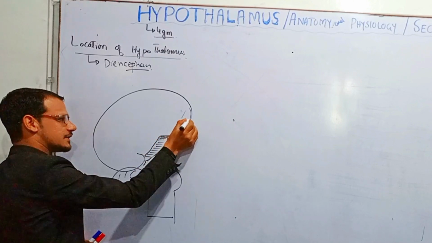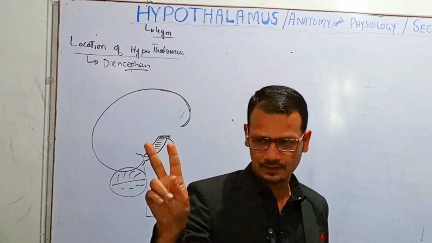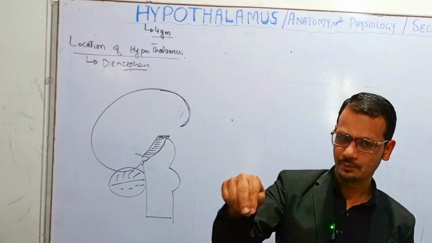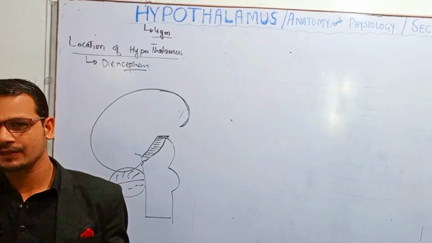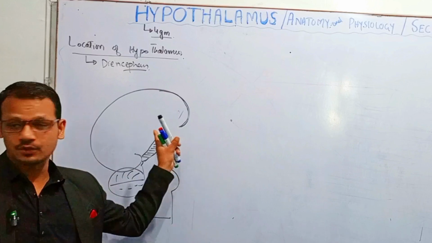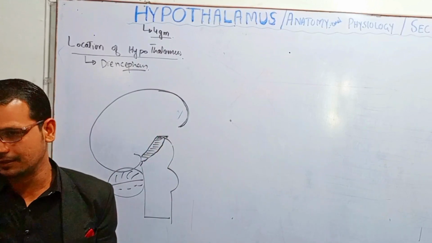Right? In this forebrain, we have 2 parts. One is the outer cortex, and the second one is the deep parts, in which the limbic system, the fornix system, the corpus callosum are present deeply, and they are collectively called the diencephalon.